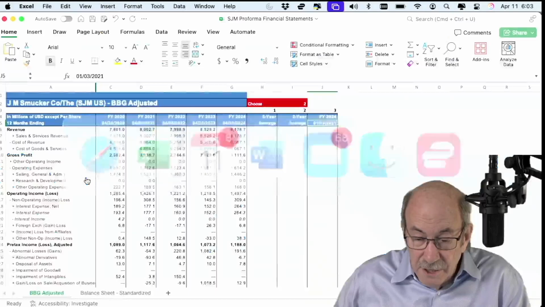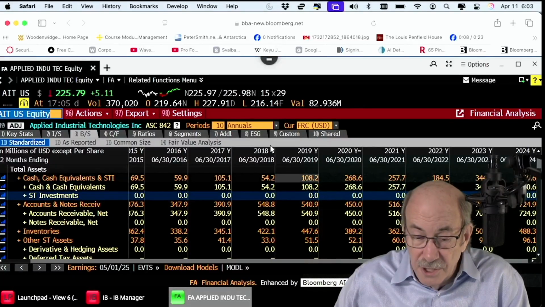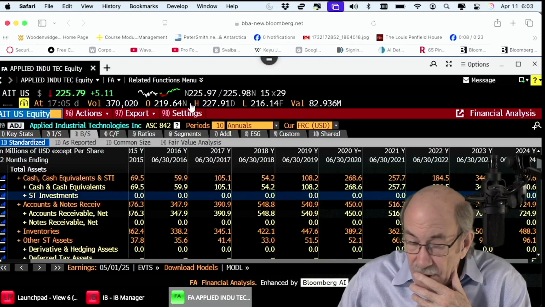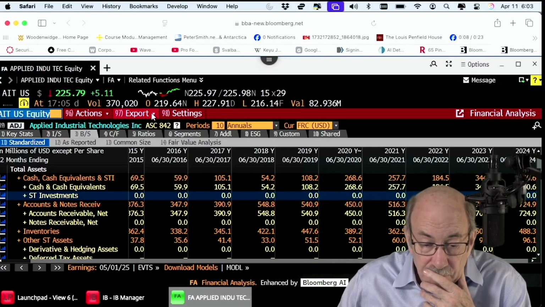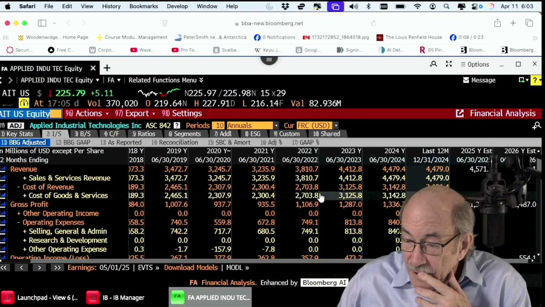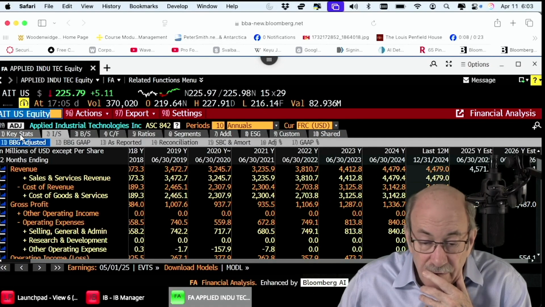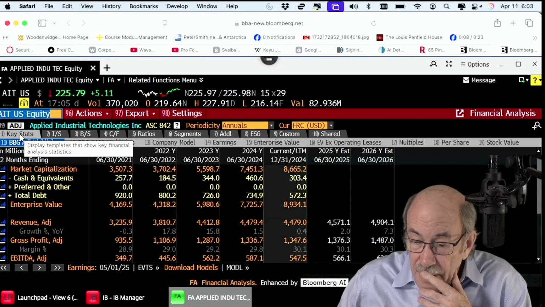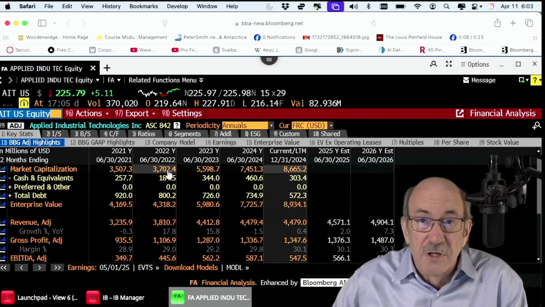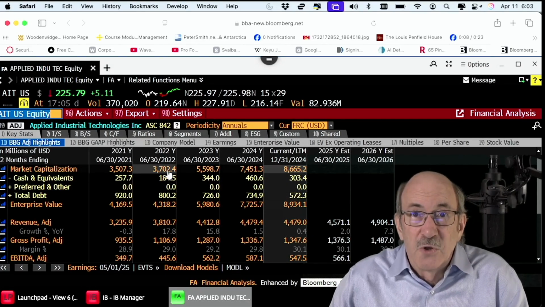So one other thing to note here: for some reason I thought Applied had a fiscal year end of 12/31, and apparently they don't. This is one other element that we're going to have to deal with.